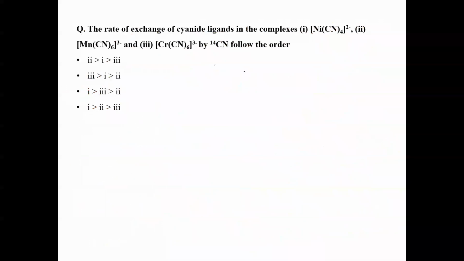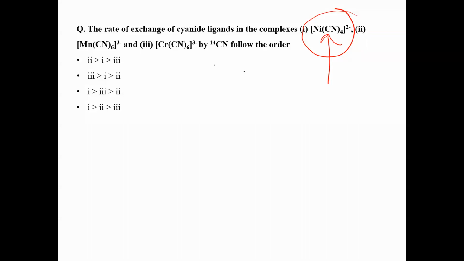You have to identify the rate of exchange of cyanide ligands in these complexes. There are three complexes. The first is a tetrahedral complex, and the others are octahedral complexes. Both have a plus 3 oxidation state but different electronic configurations. So you have to identify the lability and inertness. It is already clear that the first is highly labile because it is a tetrahedral complex.